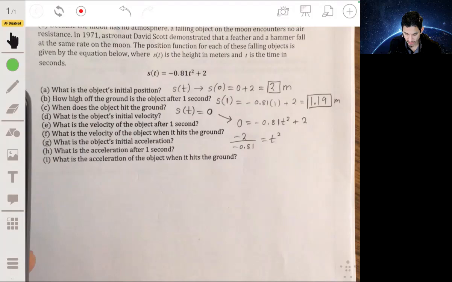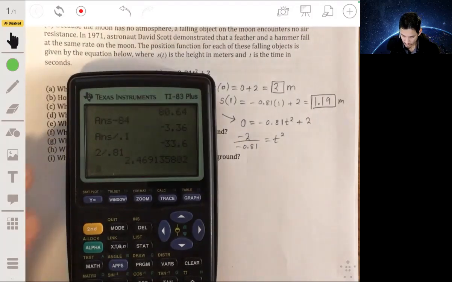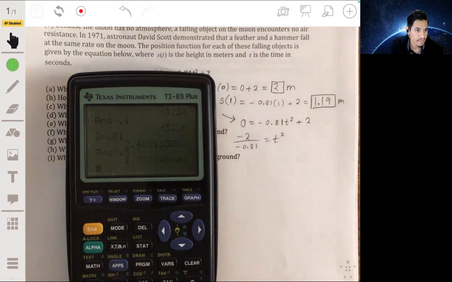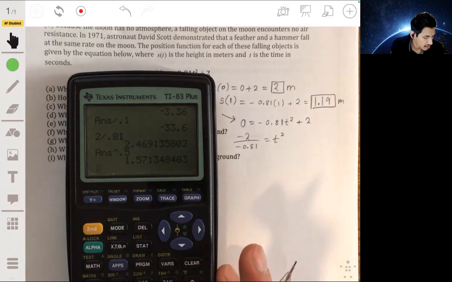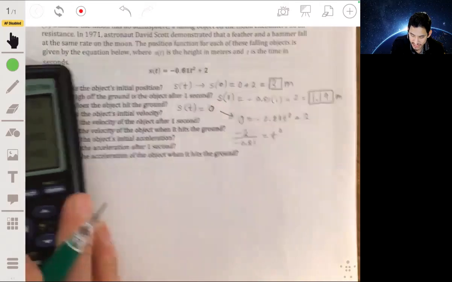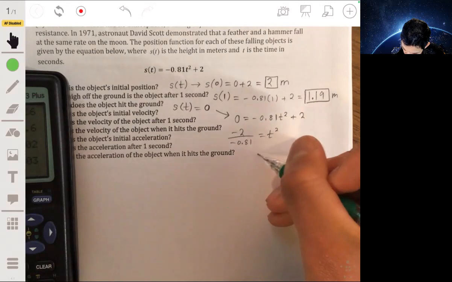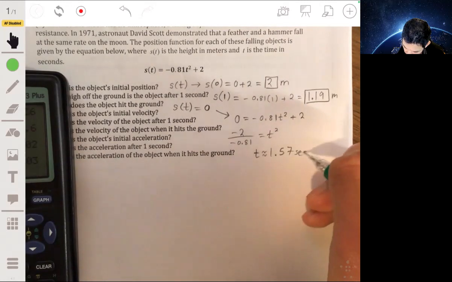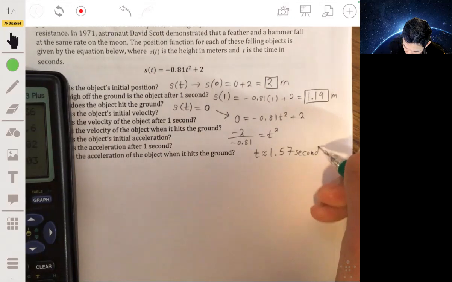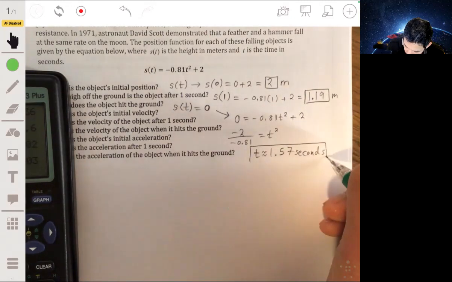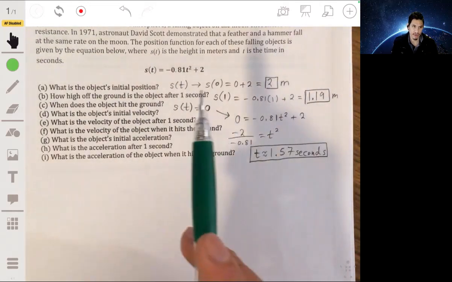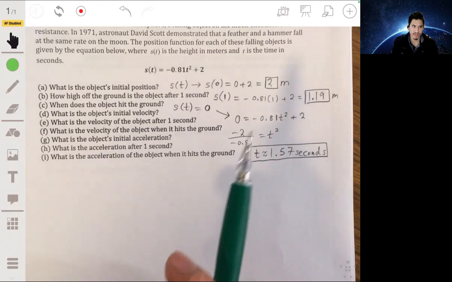We go 2 divided by 0.81, and we take the square root of this, or raise this to the 0.5 power. That's going to be about 1.57 seconds. So it takes about 1.57 seconds to hit the ground. Okay, so far so good.